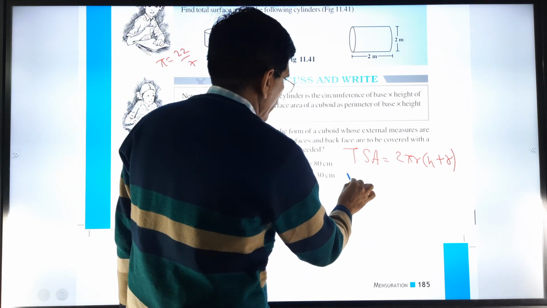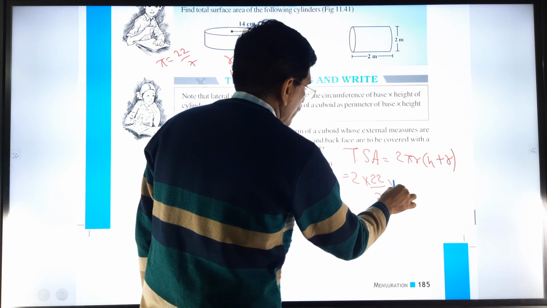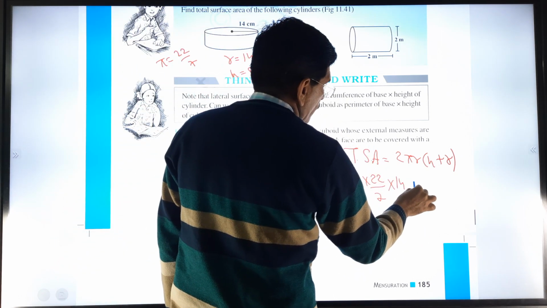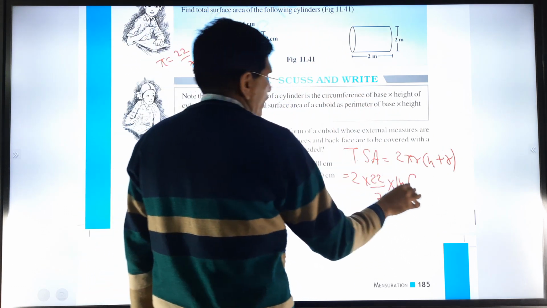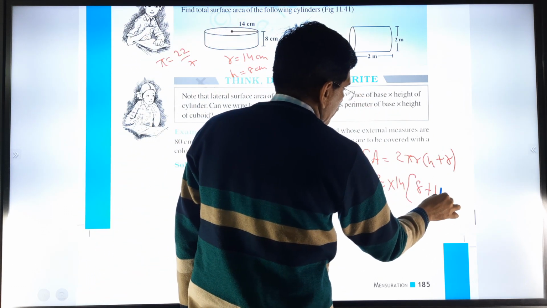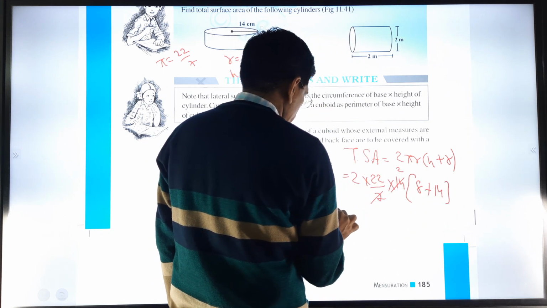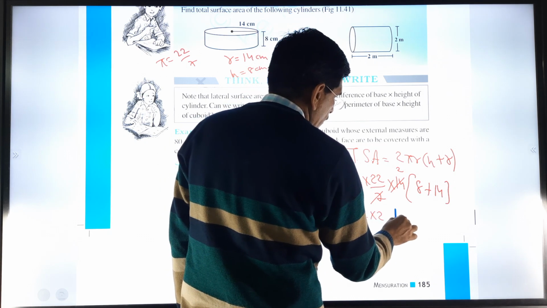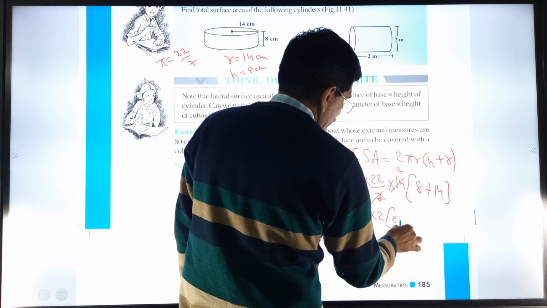So 2 into 22 by 7 into r, that is 14, and in bracket h plus r, that is 8 plus 14. The 7 twos are 14, so 2 into 22 into 2, and 14 plus 8 is 22.